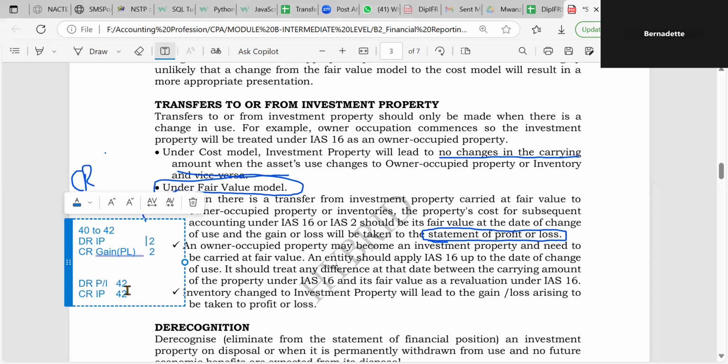But someone else could say, since you have already understood, I'm not going to do double entries twice. He would just say, remove the investment property that was at 40 initially.